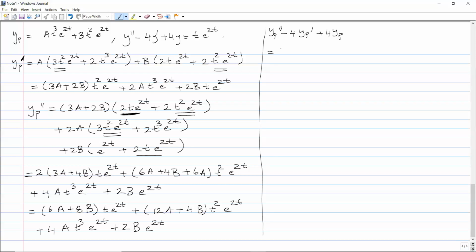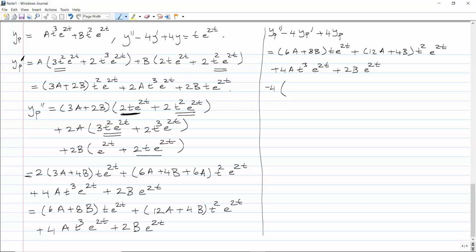So the second derivative, 6a plus 8b t e to the 2t plus 12a plus 4b t squared e to the 2t plus 4a t cubed e to the 2t plus 2b e to the 2t, minus 4 times the first derivative.